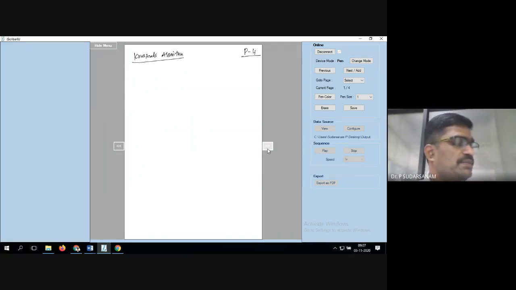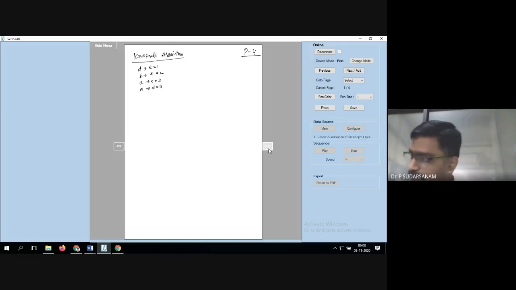The same diagram will be taken. Now what you have to do is first make the ascending order. I told you. So D to E is 1. Next is B to E, 2. Next is A to C, 3. Next is A to D, 4. Next is A to B, 5.